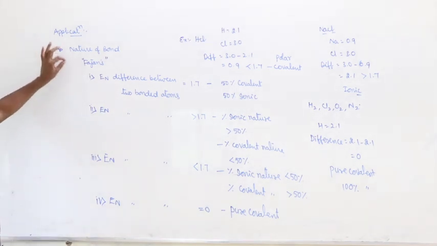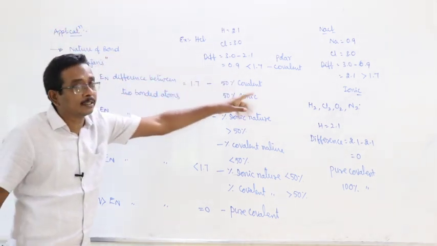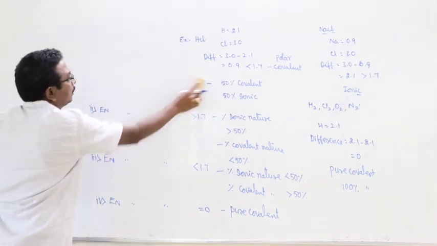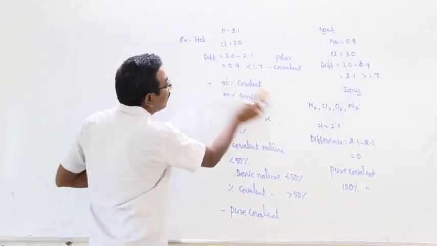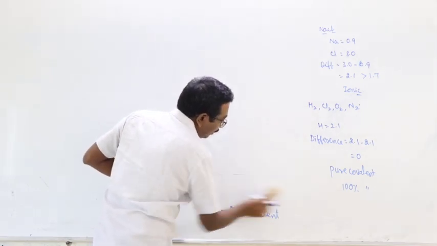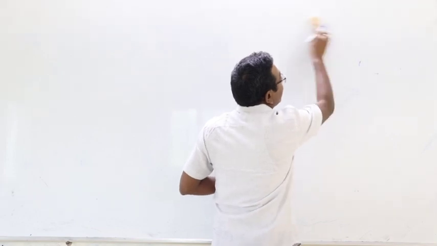What is that? Electronegativity is used to determine the nature of bond present between the two atoms. Here are examples. Second one: based on the electronegativity difference between the two bonded atoms, we can calculate the percentage of ionic character directly.